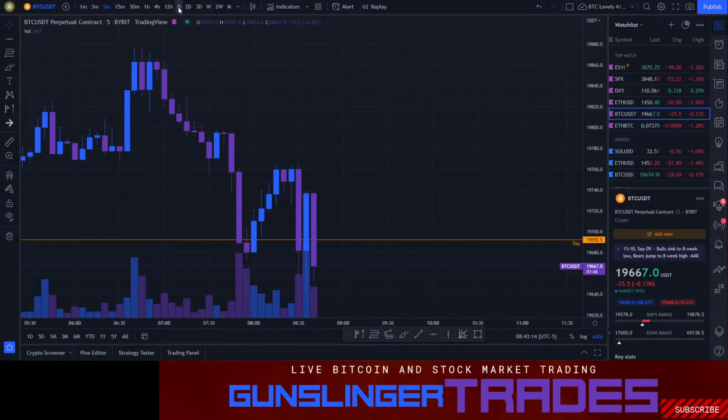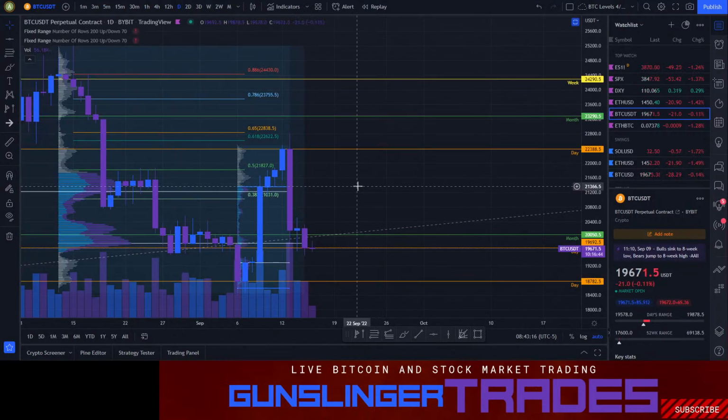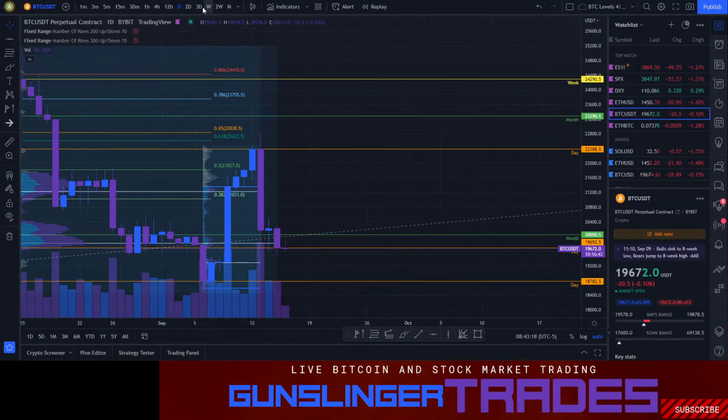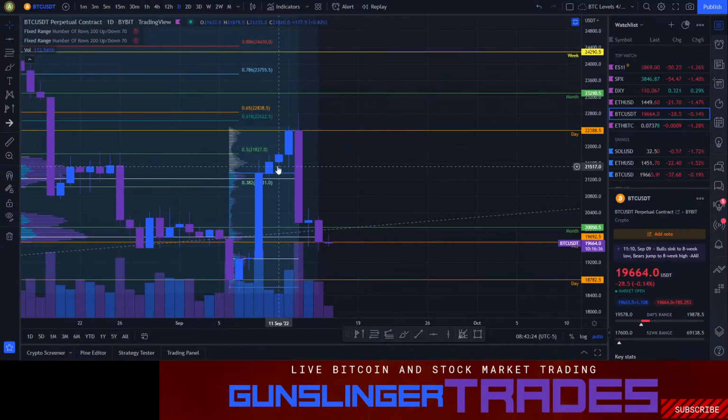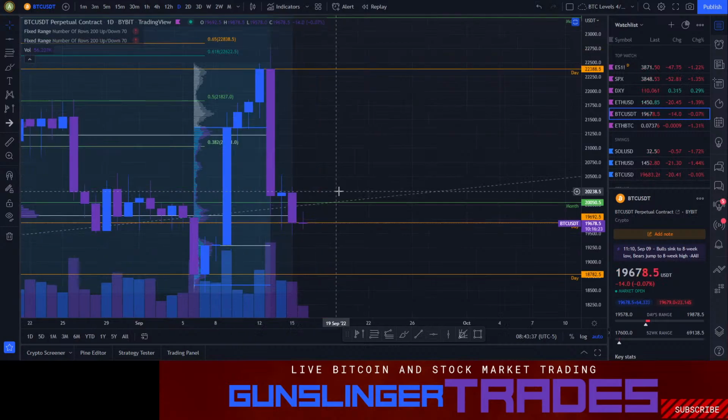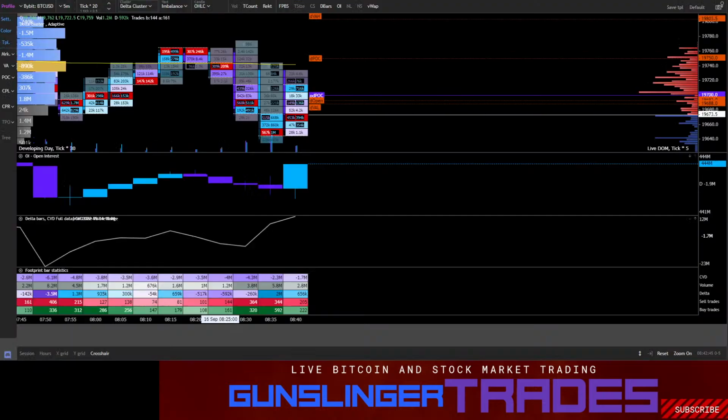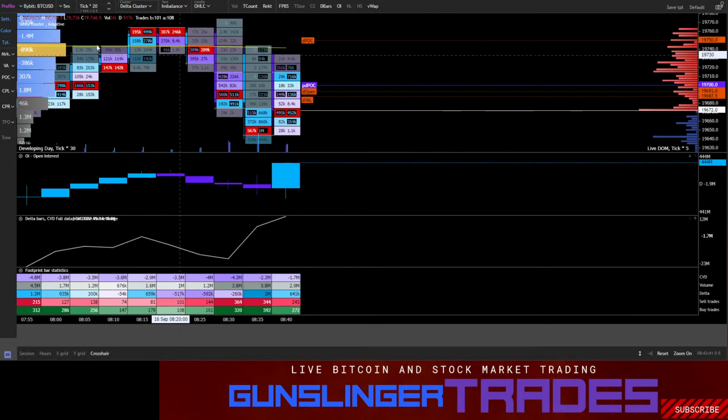But I still use the 200 EMA from time to time, especially on the weekly and the 4-hour. That is pretty useful, even though I don't have it on my chart right now. But the 21 EMA I use, and then the 200 SMA, simple moving average. Those are my two favorites that I trade based off of.